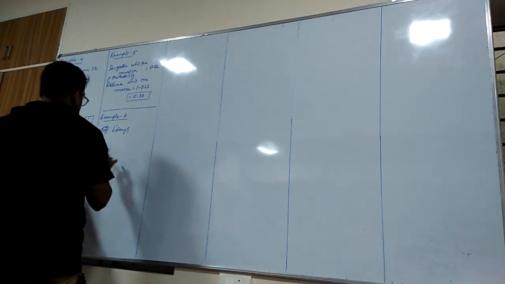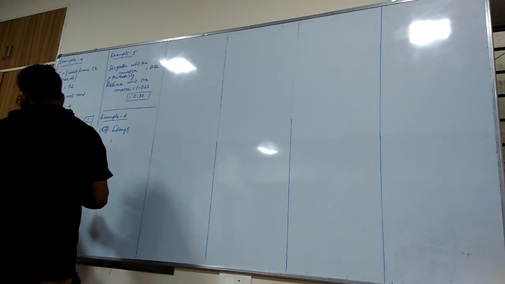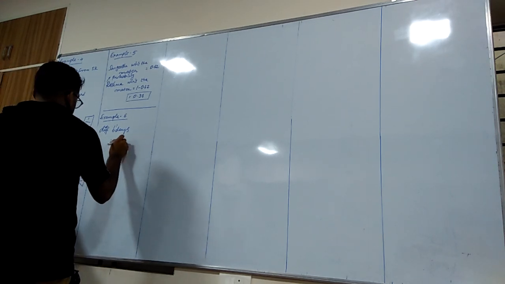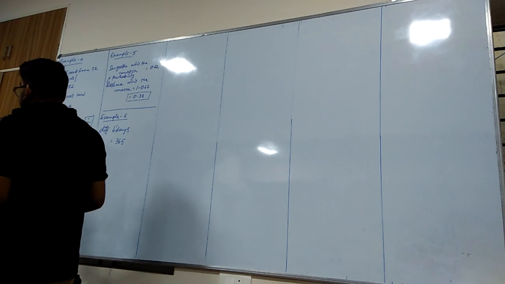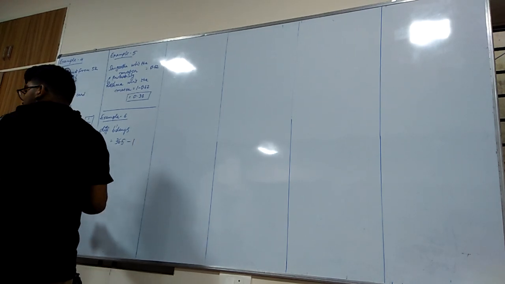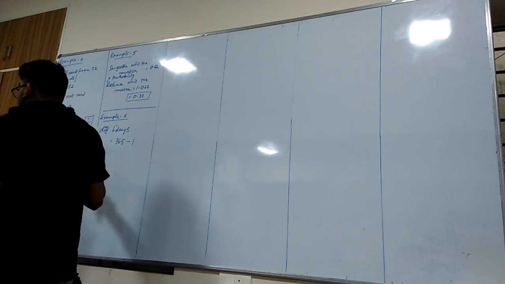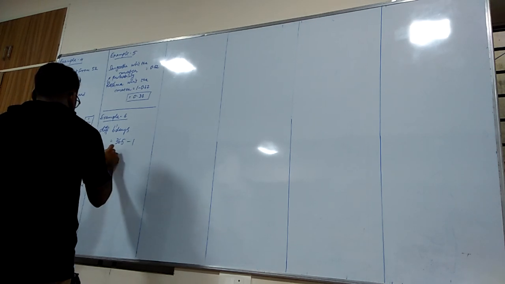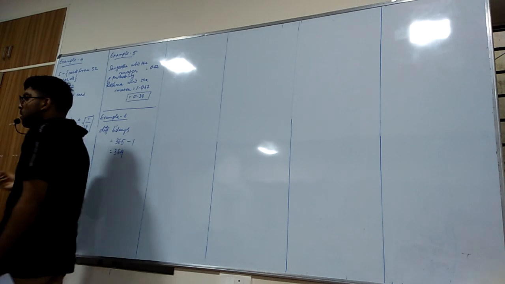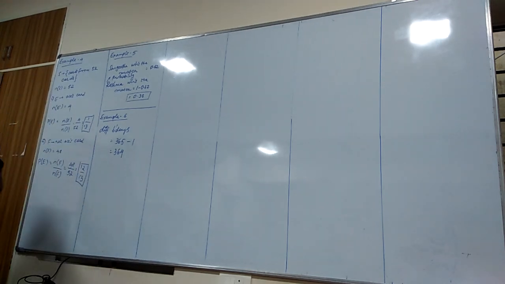How many days do we have? 365 days. If they have the same birthday, that is 1 day. For different birthdays, ignoring that 1 day, we have 364 days for which they have different birthdays. Clear?